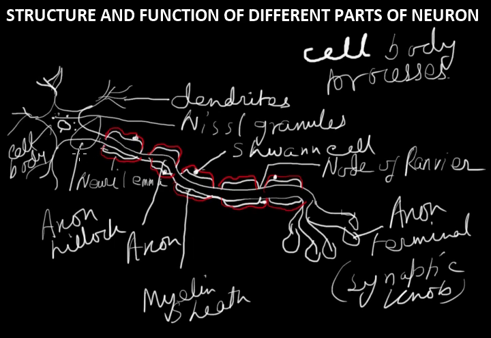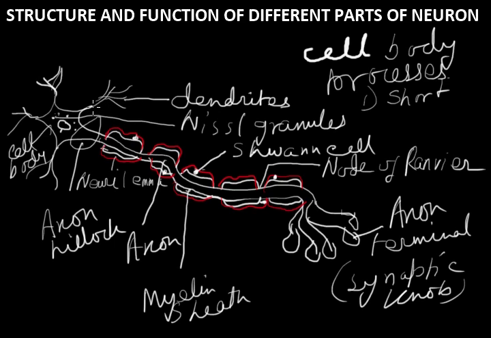After the cell body, we are going to talk about the processes. Processes are of two types. One is long, another is short. The short processes are known as dendrons, with branches known as dendrites.